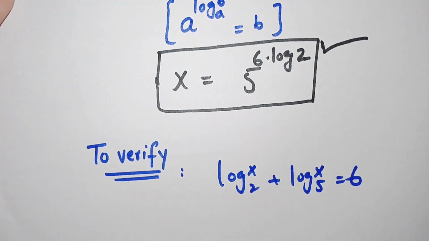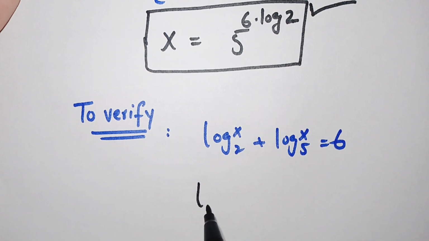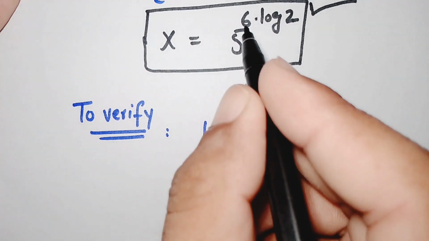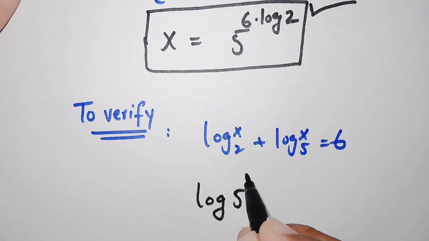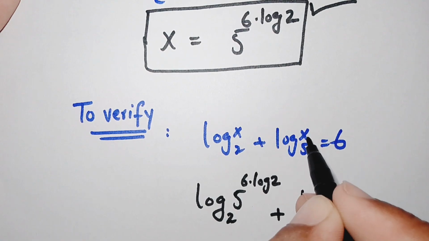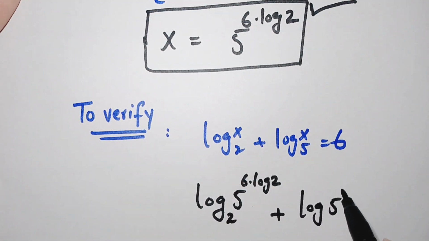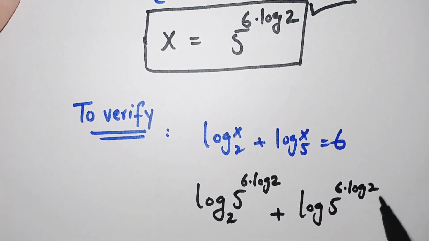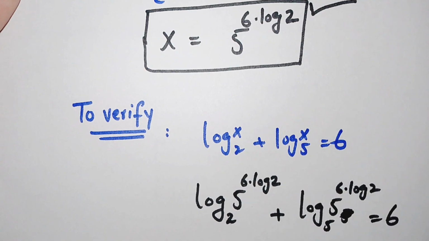So this will become log of 5 to the power of 6 times log of 2 with base 2 plus log of 5 to the power of 6 times log of 2 with base 5, which is equal to 6.